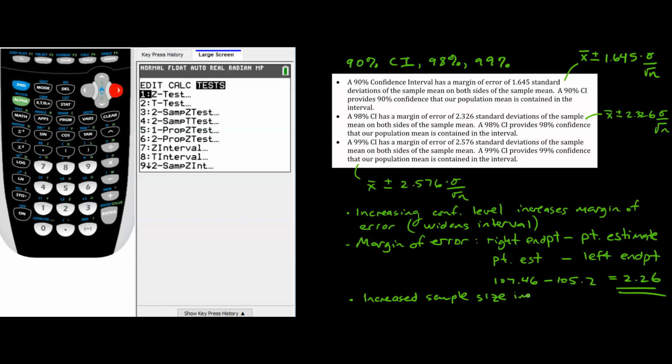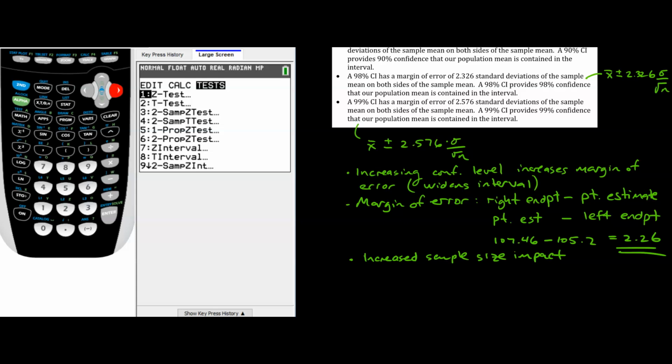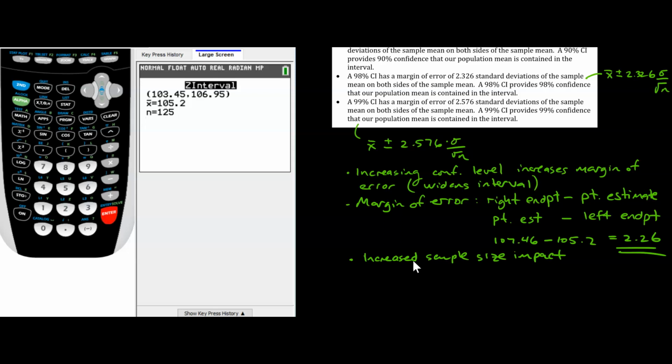The impact of an increased sample size can be seen by going back into Z interval, and again, let's pretend that our sample size wasn't 75, let's pretend that it was 125. And if we calculated, look at what happens to that interval. That interval goes to 103.45 up to 106.95, approximately 107. And so increasing a sample size actually makes that interval narrower.